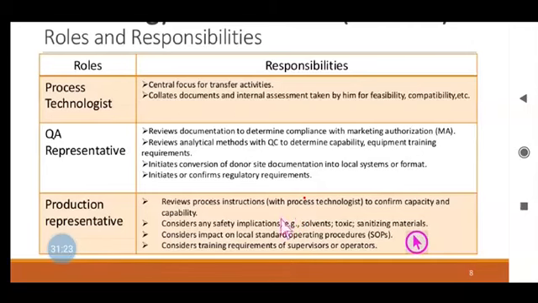So the production process is supposed to be laid down step by step, and here the capacity and capability is taken into account. Accordingly, the process instructions are prepared for the large scale manufacturing where the production representative is involved in direct working. Then he would consider any safety implications, for example solvents, toxic or sanitizing materials.